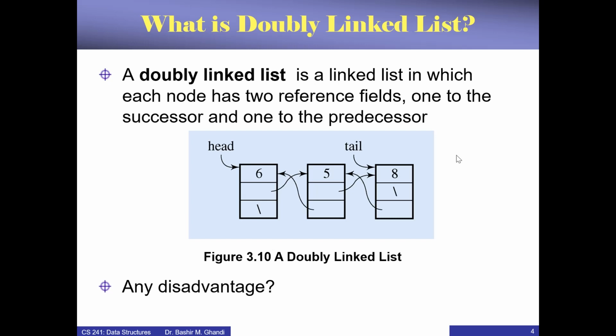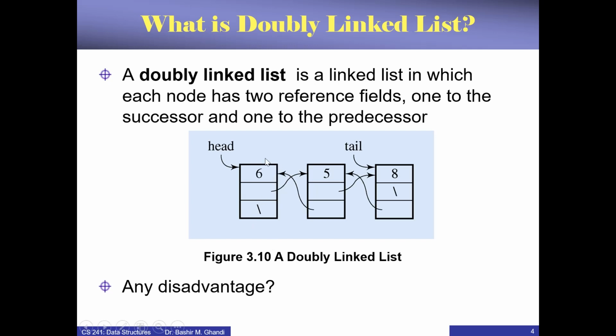And remember, as I emphasized in the last lecture, when we are talking about advantage or disadvantage, our main concern really is with respect to time and space, or speed and memory. So can you imagine any disadvantage of doubly linked lists comparing it with singly linked lists with respect to these two particular points?